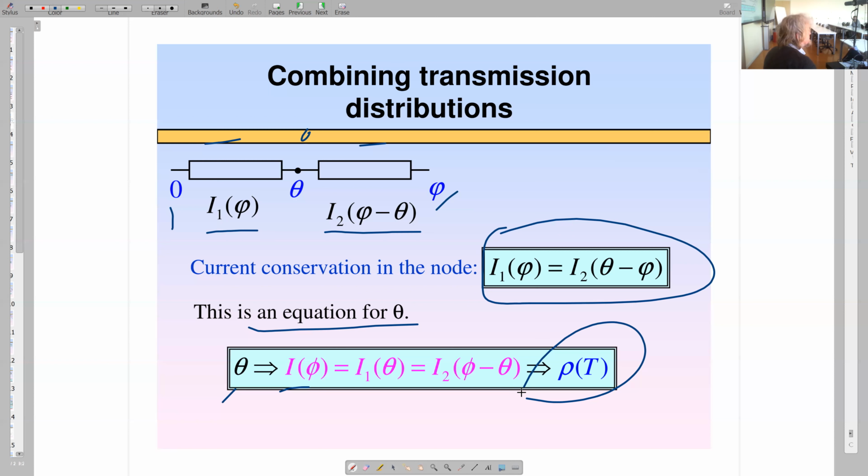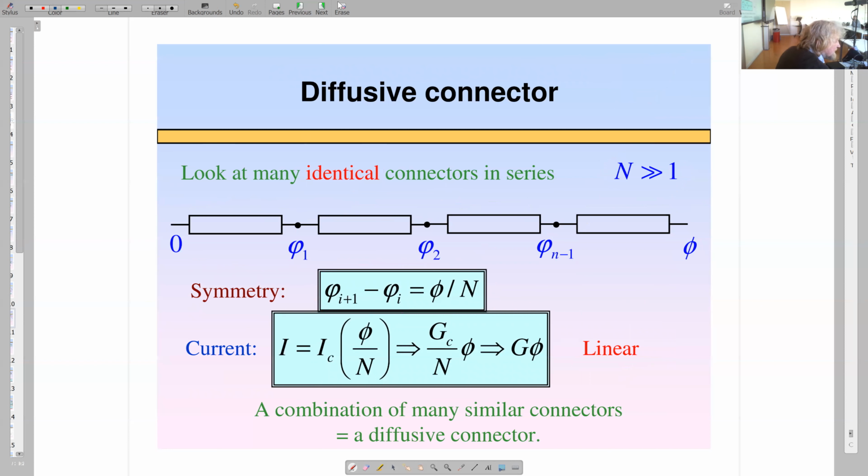There's a simple way to make it solvable for us. What is the way? Just to simplify it a bit and assume that all connectors are identical.